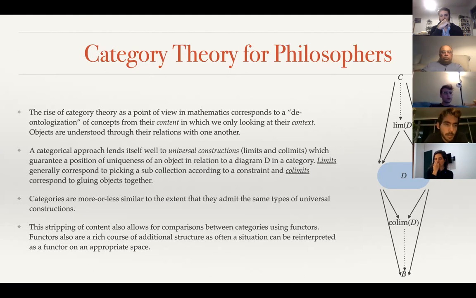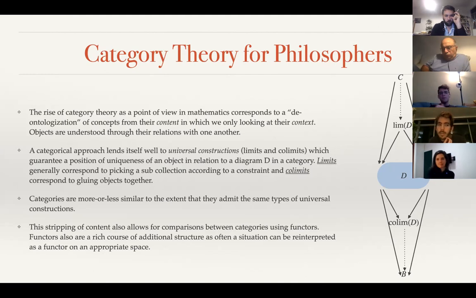So categories in general, we say they're more or less similar to the extent that they admit different universal constructions. This is like the term I used before, Cartesian closed category, is a category that has all limits and colimits, small limits, I believe.